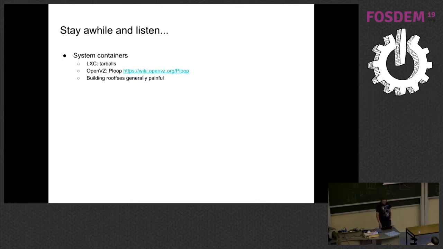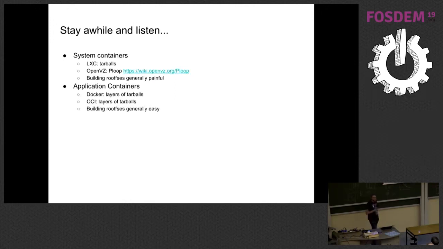And then application containers came along, and there's kind of two application container formats which look mostly the same. And they sort of made building rootfs easy. People really liked Docker because it had the Dockerfile and you could install stuff in a nice way, and it would give you an image at the end, and that was very nice.